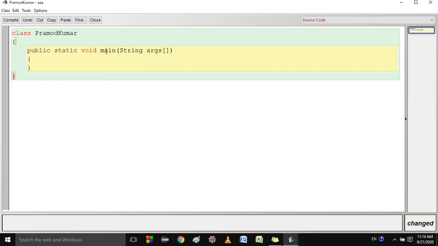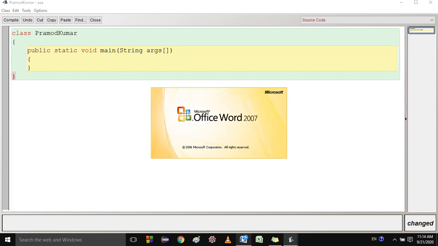So students, what is a conditional operator? The conditional operator is also said to be the ternary operator.